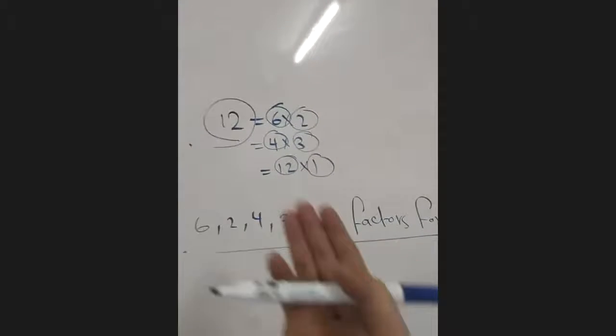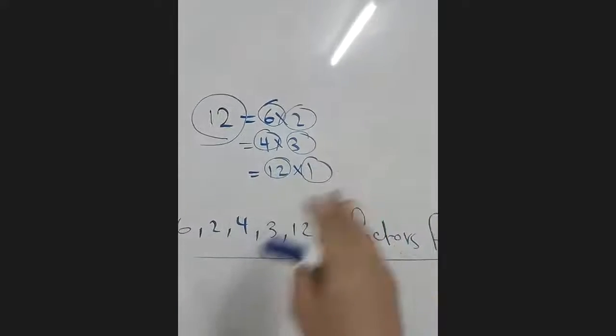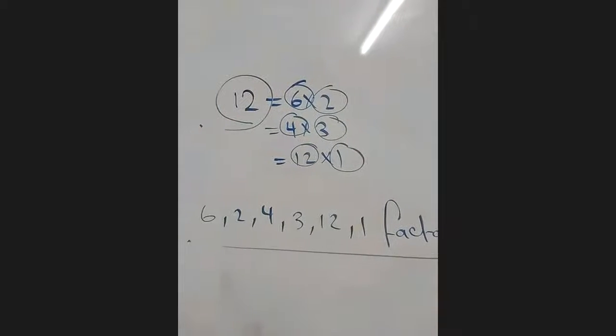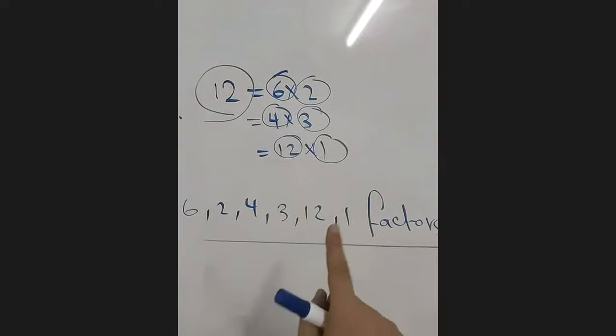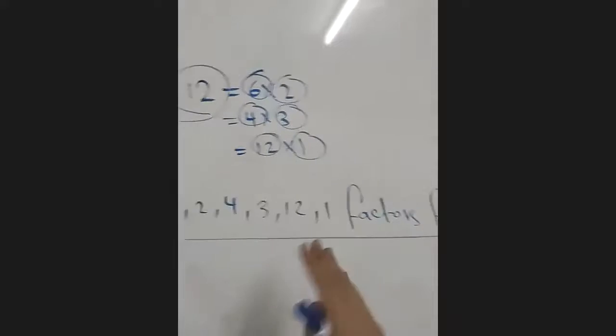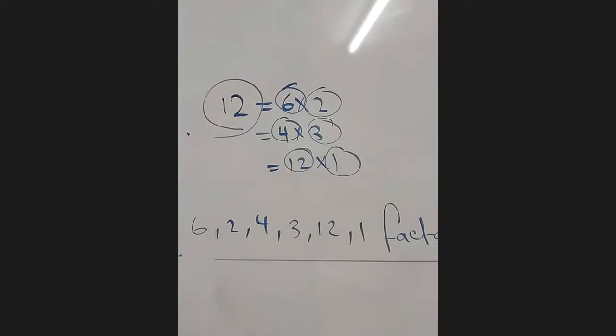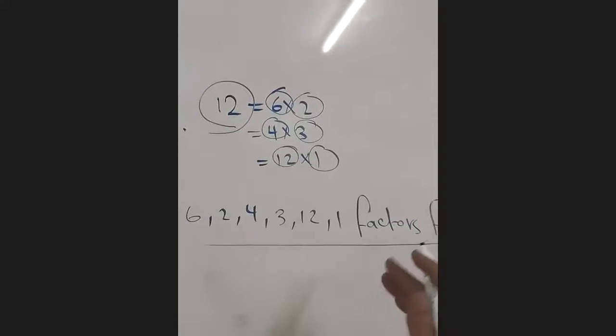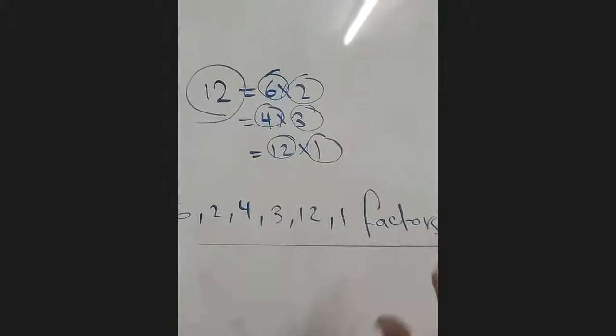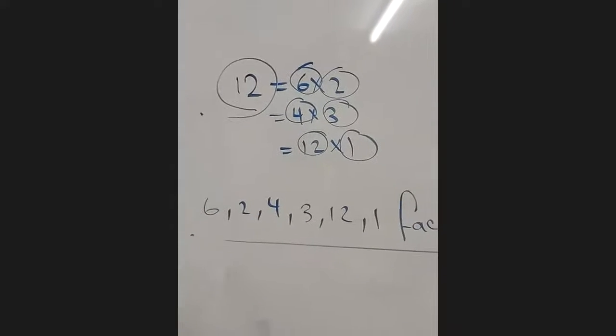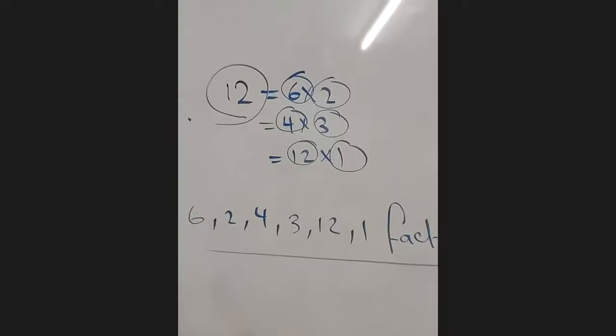So, what are the factors of 12? All the numbers, if you multiply them, you get 12. 6 with 2, 4 with 3, 12 with 1. All of these numbers are factors for what? For 12. What's the meaning of factor, guys? Factor means you can divide without remainder.